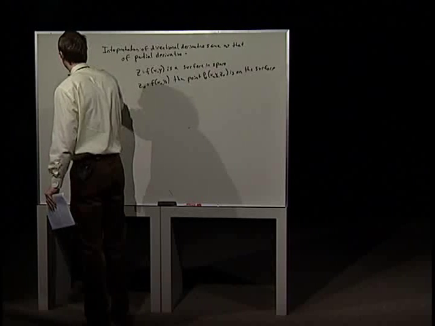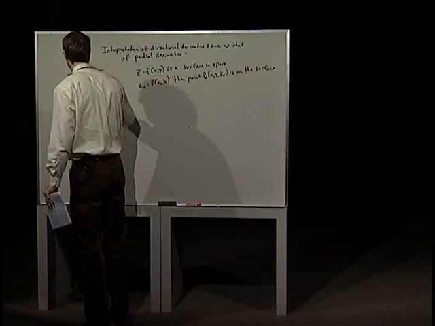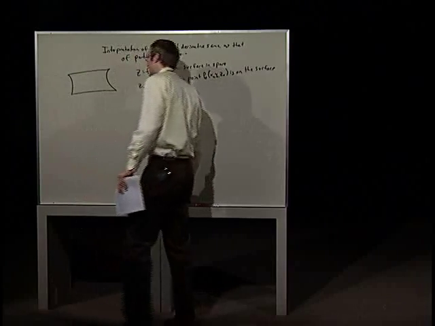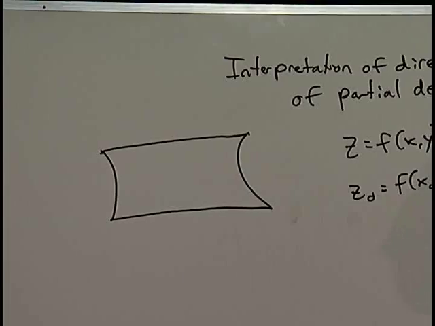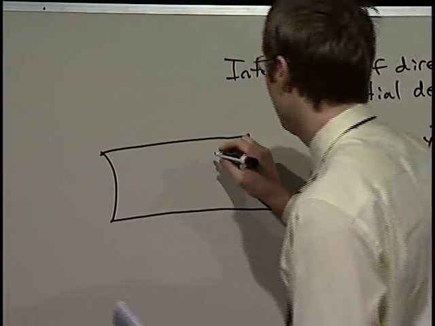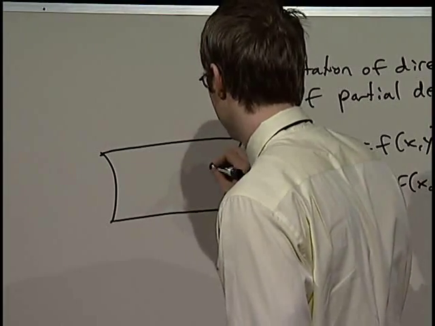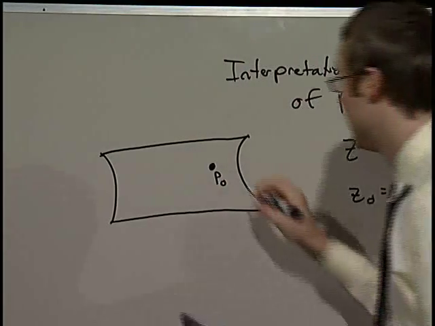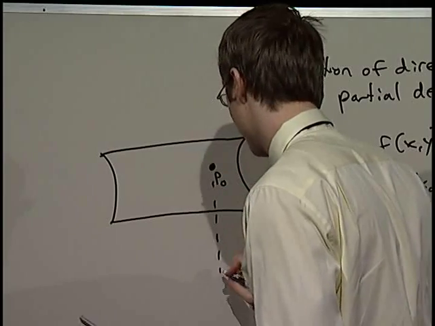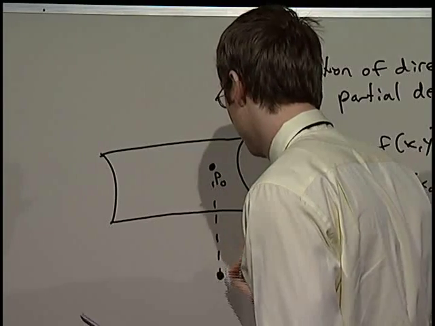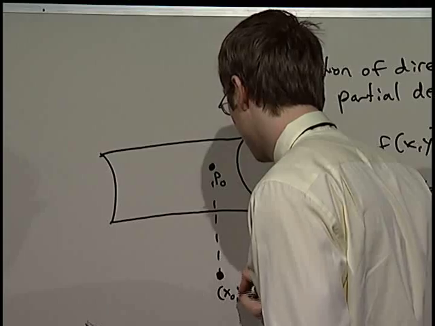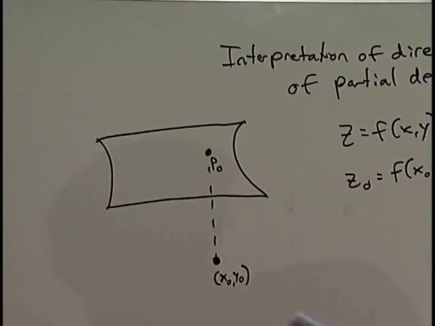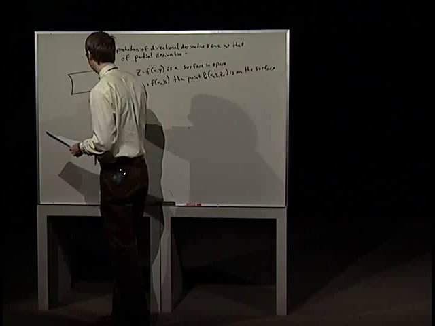All right, something like that. So there's some surface in space. Here's a point P naught. And if we drop a vertical down here, maybe there's the point (x naught, y naught) in the xy plane, right?